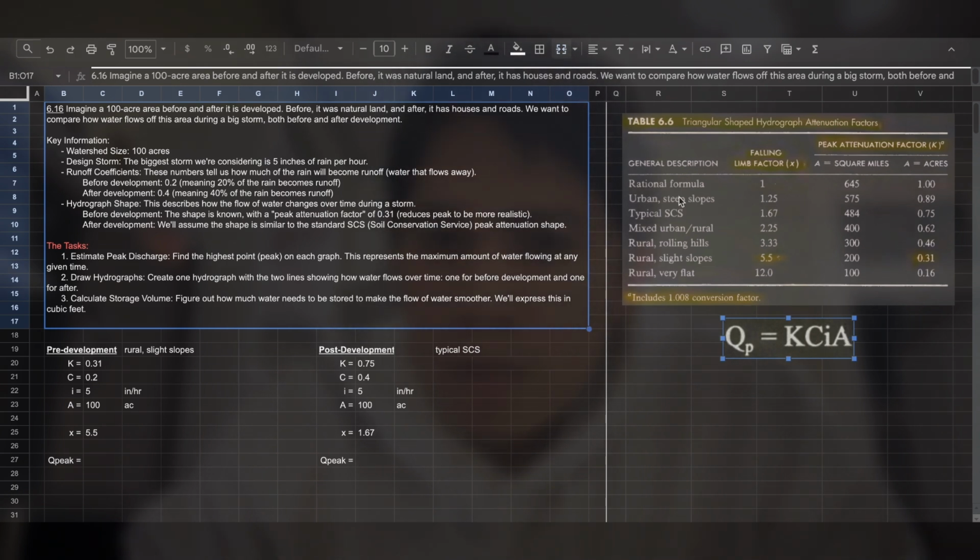Now, if you remember when we did the rational formula, we did 1, and then we did the SCS method, we put 0.75 in front. Here is the reason. When we use the typical SCS method, we use 0.75 times CIA. K becomes 0.75. Now, that value is going to change to reduce the peak. You remember the rational formula gives us a pretty high peak?